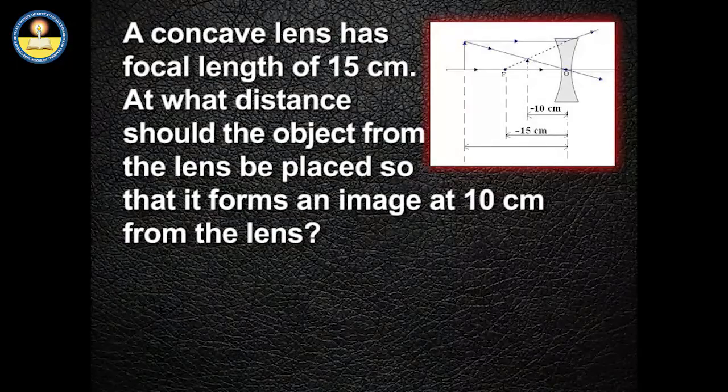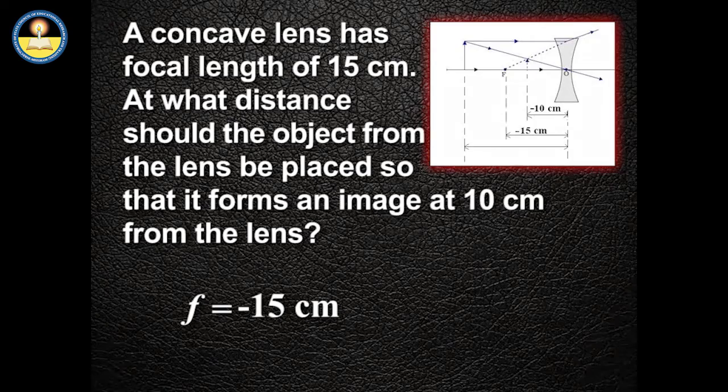Since the focal length of a concave lens is always negative, it is minus 15 centimeters. Furthermore, a concave lens always forms a virtual erect image on the same side of the object.